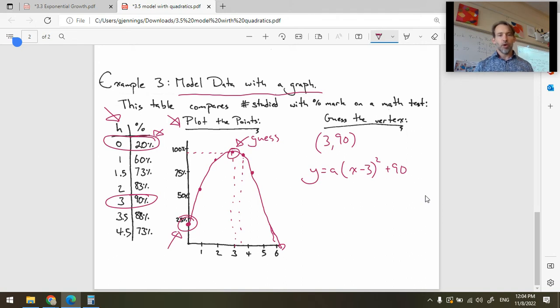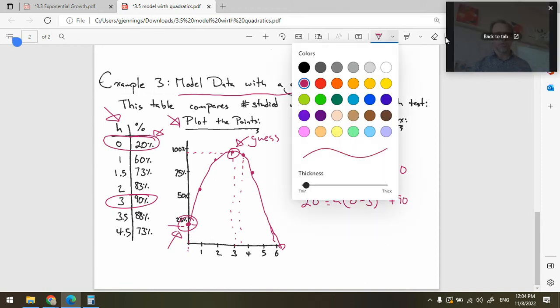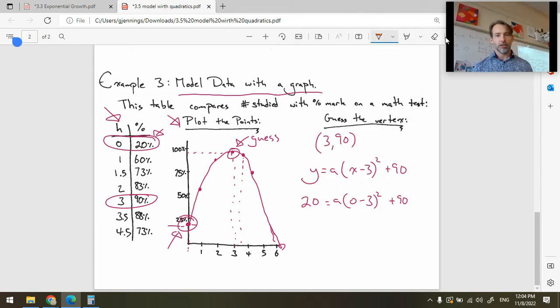So in this case, when y is equal to 20, x was equal to 0. So we can put in 20 for y and 0 for x: 20 is equal to a multiplied by (0 minus 3) squared plus 90. Okay? And now we do the same types of inverse operations to solve for the stretch factor that we were doing back in Unit 1. You're going to subtract 90 from both sides and resolve that bracket.